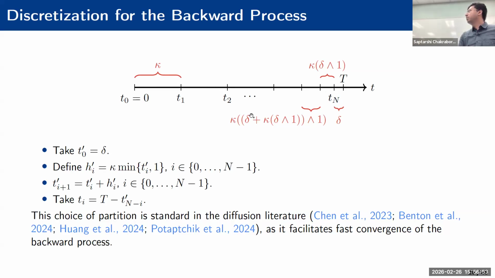But if you're moving towards 0, meaning you're closer to the data manifold, then you need to be more careful, and your discretization has to be more closely spaced. This geometric type of decay is quite standard in the theory of convergence of diffusion models, and people have used this scheme quite a lot, at least in theory, if not in practice. Any questions?